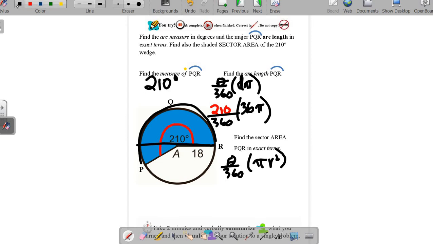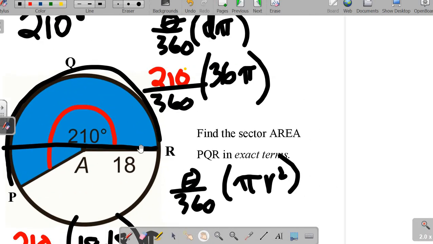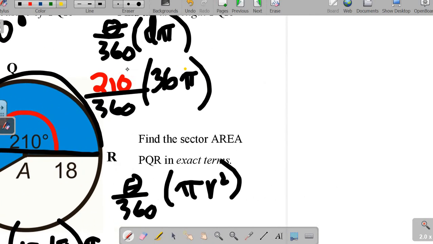And this one is going to be 210 over 360 times 18 times 18 pi. Should have reduced. Zeros cancel, so that's easy. 36 cancels. Your answer in exact form is 21 pi. Let's check for units.